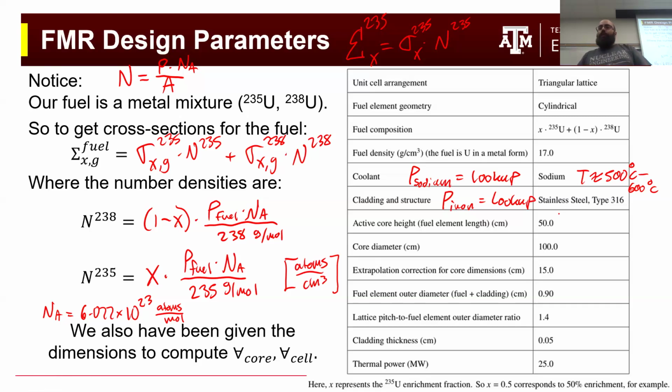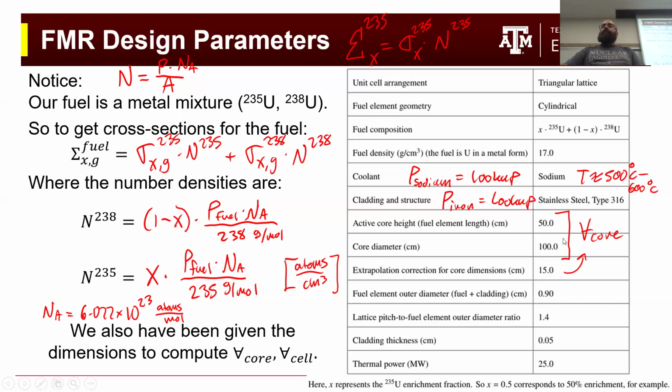And so with the core height and the core diameter, that's how you can get the volume of the core. And then we've got all of this other information right here. So technically this extrapolation distance is also going to go into the volume of the core because we have to add extrapolation distances to those geometry parameters so that the equations that we use for the BG squared for a cylinder make sense.